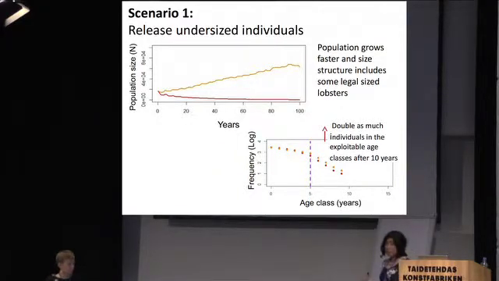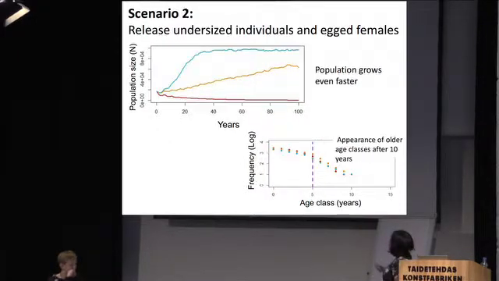And what we have then is that the population actually grows and that the frequency of larger individuals doubles. For the next scenario, we added the enforcement of the prohibition of catching egged females. Then the population grows even faster.